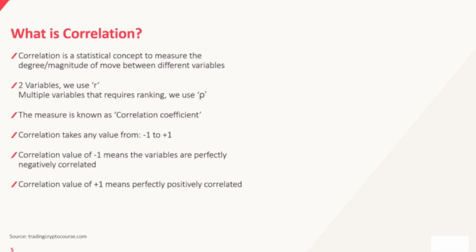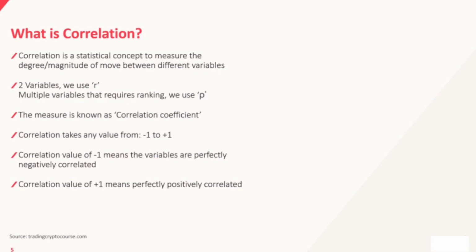When we're looking at multiple variables, comparing a group with one another, that requires ranking of correlation, and we use the Greek letter rho. It looks like a P, but it's actually rho, spelled R-H-O.